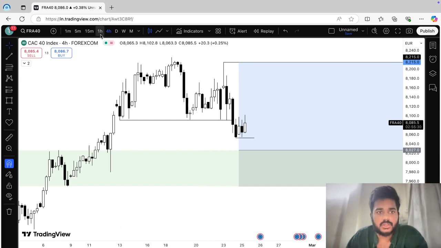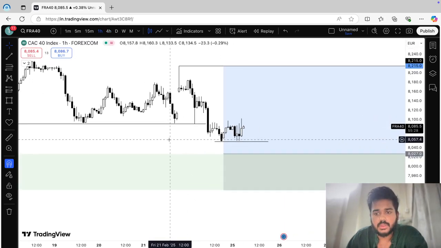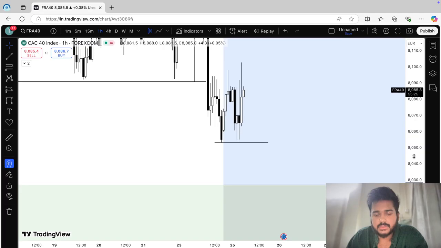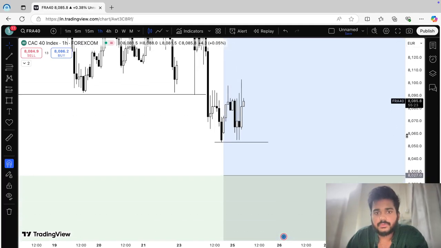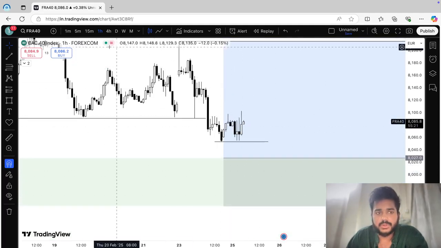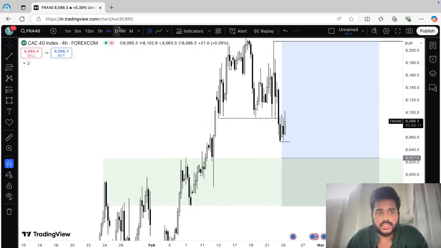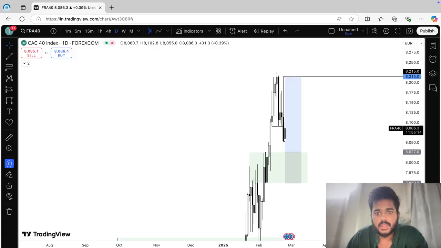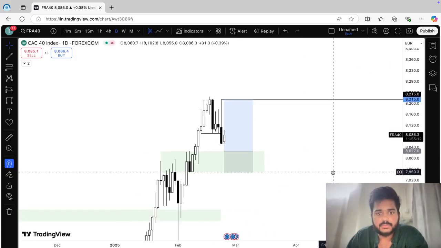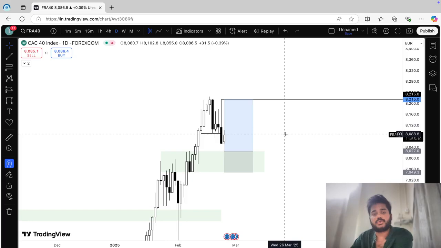We look onto the shorter time frames, the 1 hour chart. If you look at this, we are building some relative equal lows down here. So we want to tap into this order block on the daily chart and then move higher. Okay. So it's gonna be a 2.42 RR trade over here. And that's gonna be a really nice setup.